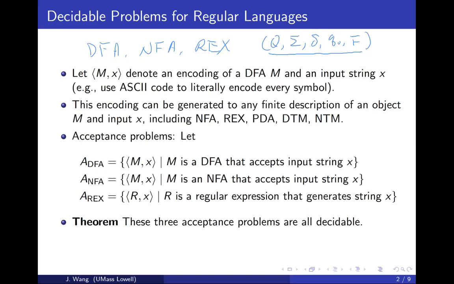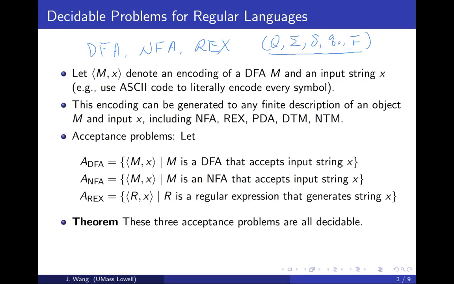For instance, we can simply use ASCII code to literally encode every symbol, including white space, punctuation, and literally everything.